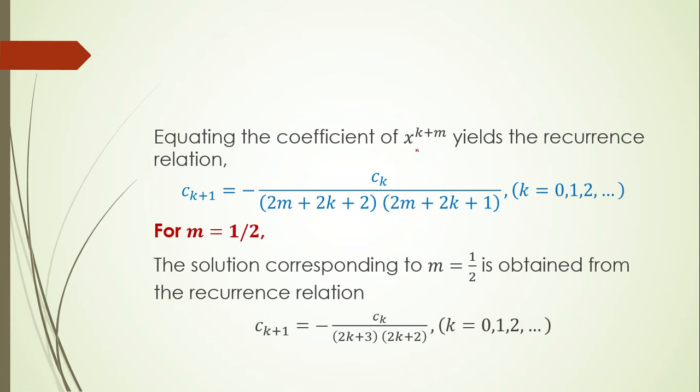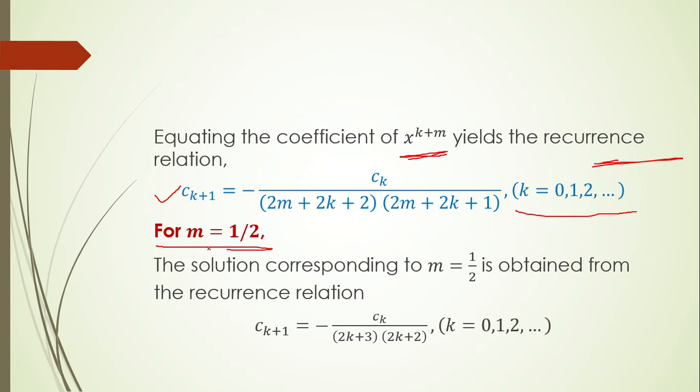Equating the coefficient of x^(m+k), we get the recurrence relation c(k+1) = minus ck upon (2m + 2k + 2)(2m + 2k + 1), where k = 0, 1, to infinity.